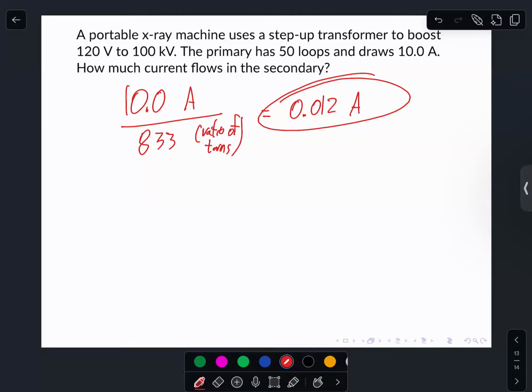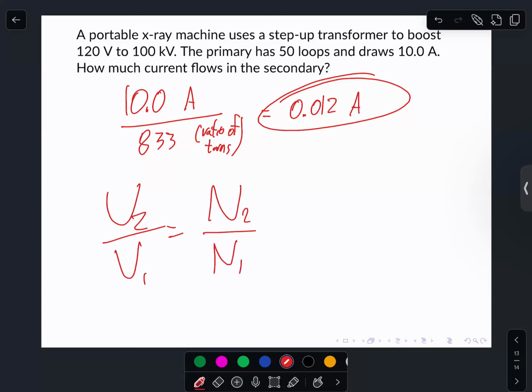Each turn is going to feel that same voltage. So the idea behind the transformer equation is just saying the voltage per turn. Let me write this down: V2 over V1 equals N2 over N1.